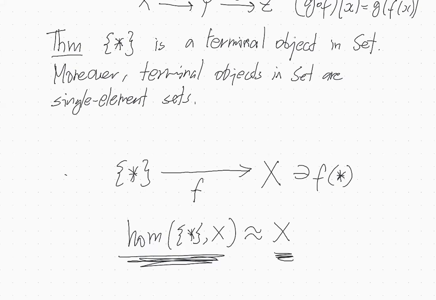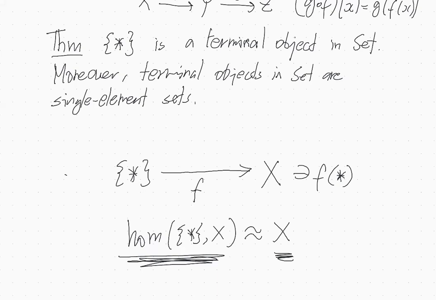So when we abstract away from the category of sets to a general category, we won't have X as a set anymore, but we can think of that set in terms of this hom set. And that's pretty much the idea of generalized element. So a generalized element of an object will be a morphism to that object.